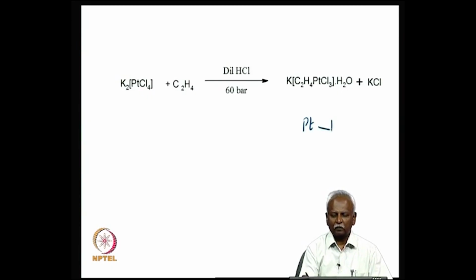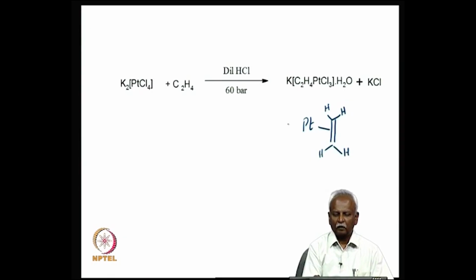So, there was one ethylene moiety which is coordinated to the platinum, and there are 3 chlorines.